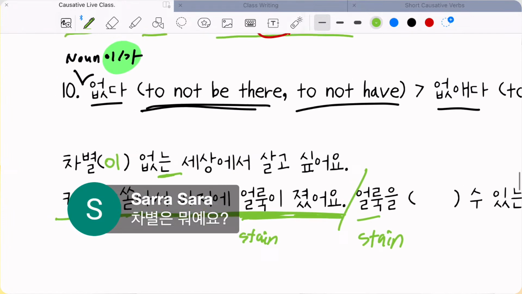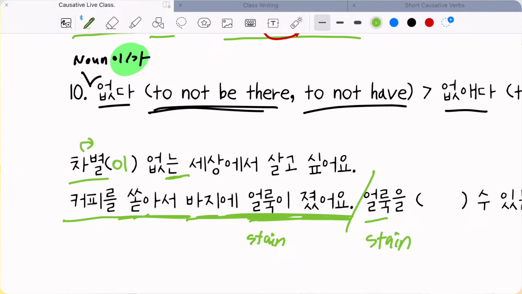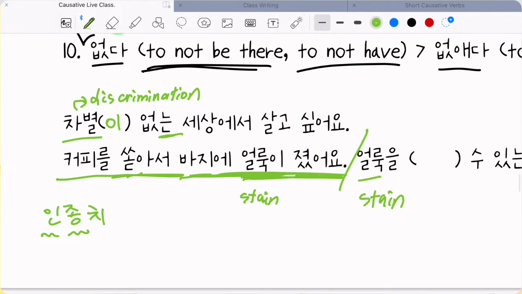사라님이 차별이 뭐예요? 미안해요, I skipped the explanation of 차별. 차별 means discrimination. So when we say, for example, 인종차별, 인종 means human type, so it means race. So 인종차별 is literally race discrimination, which means racism.